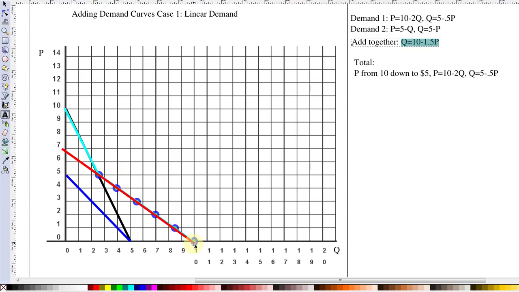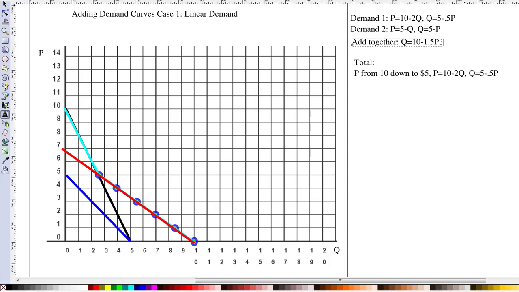Now let's verify that that's true. Let's solve this because it's easier to graph the inverse of that. So let's solve this for P. And what you get is P equals 6.66666. I'll just round this off to 6.67 minus 0.666666 times Q. And that's that red line.